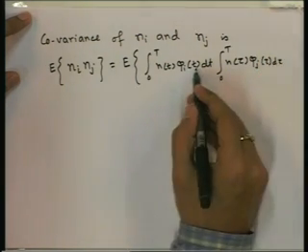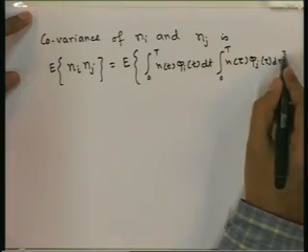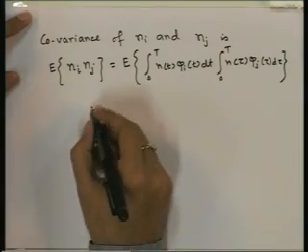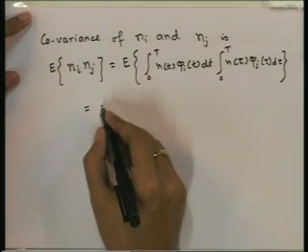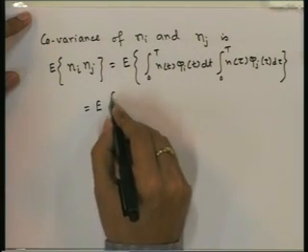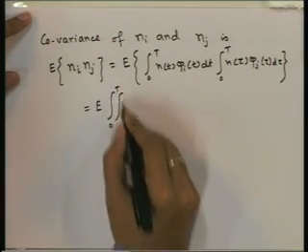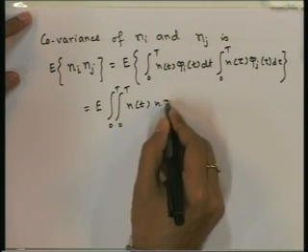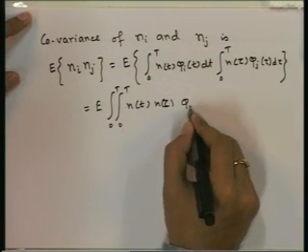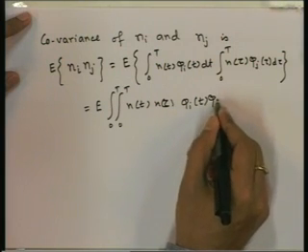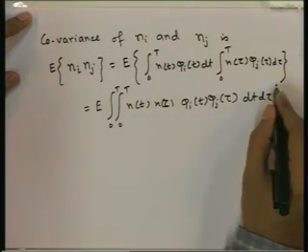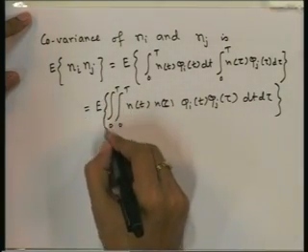We are just taking two different variables in those two integrals, because we are going to combine these two integrals into one double integral. So, this is the expectation of the double integral of N(t) N(tau) phi_i(t) phi_j(tau) dt d tau.